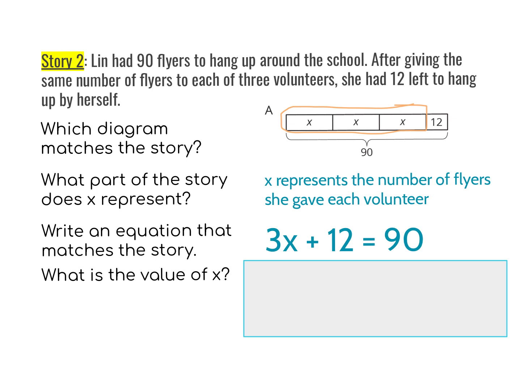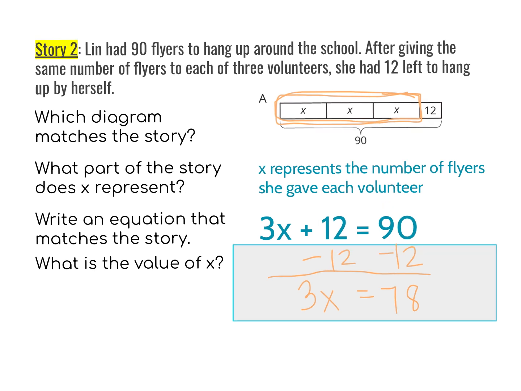So we know that there are 90 total flyers. We're going to subtract 12 from both sides so that we can figure out how much is just this group right here. How much of the 90 flyers is that group? If we do 90 minus 12, we get 78.